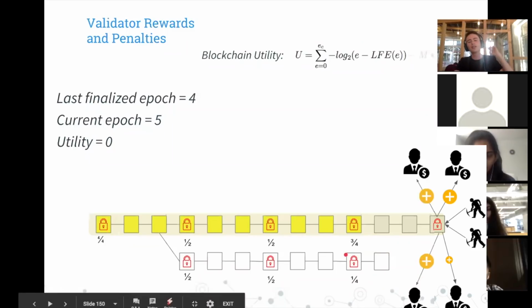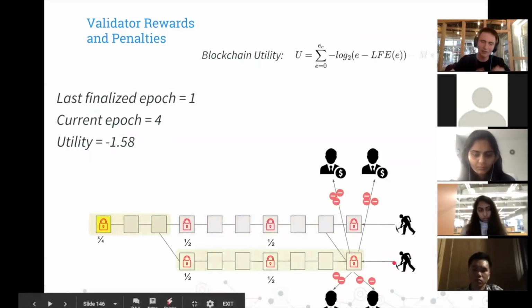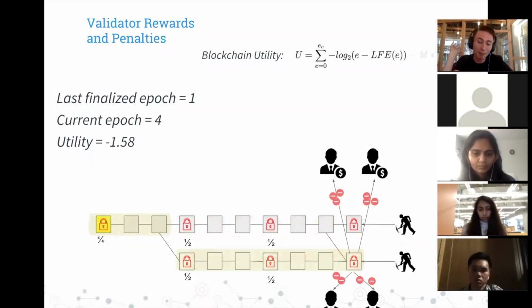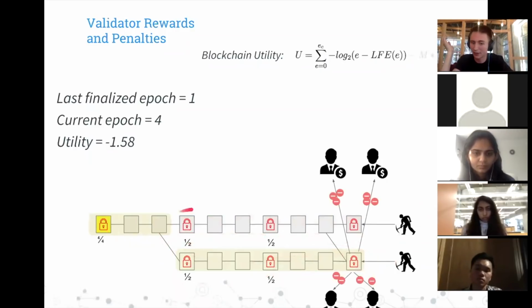So here's the cool thing about these asymmetric penalties: if you have a fork, right? Let's say this is a network partition, and we have a period of maybe a month where both of these forks are not talking to each other, or it actually could be validator censorship or miner censorship.